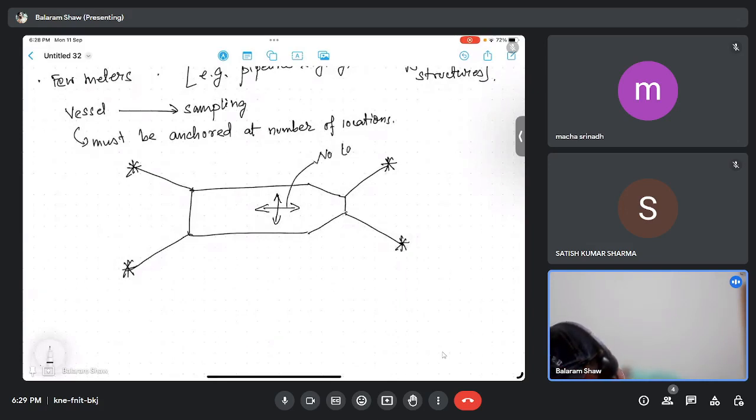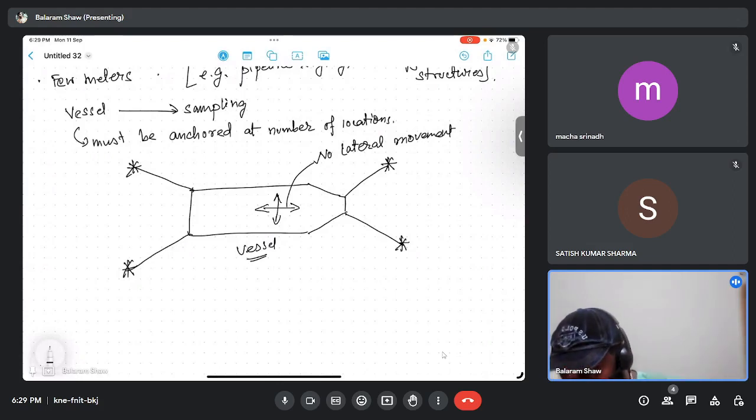No lateral movement. This is the vessel, so there should be no lateral movement of the vessel. Or let us say, for what reasons can these movements or fluctuations happen?